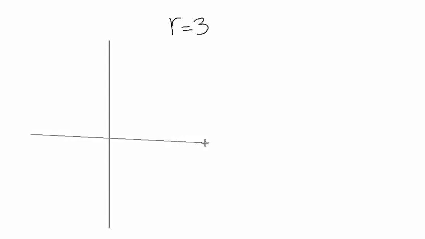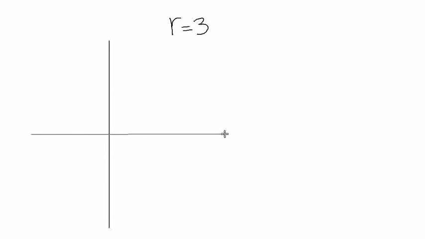Suppose that we had the equation r is equal to 3. What that means is that for all angles, for all directions, we have to move the same distance from the origin. Okay? The distance of 3. So what is the set of points that is a distance 3 from the origin?